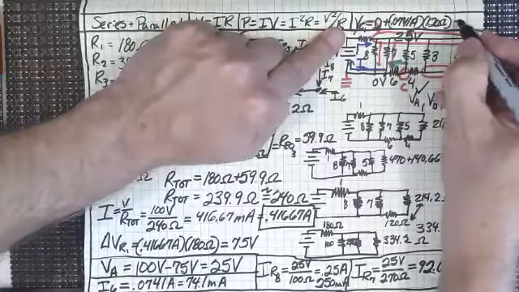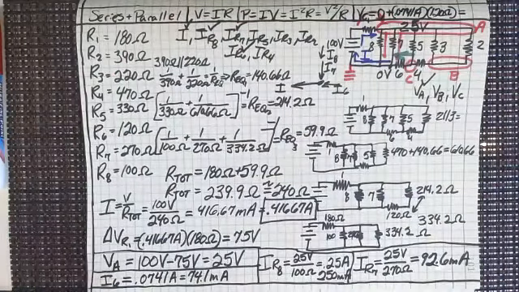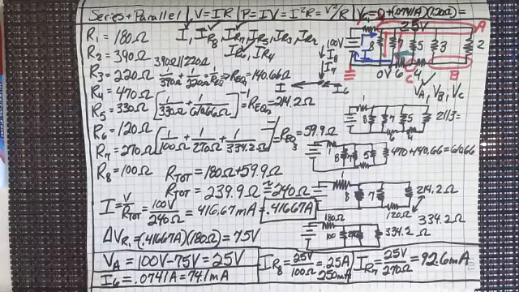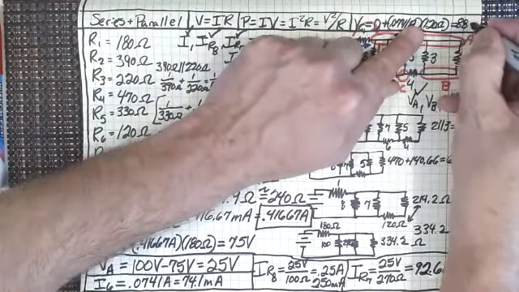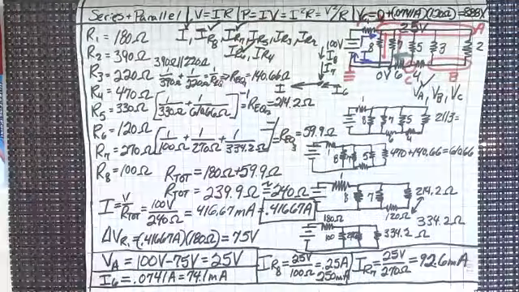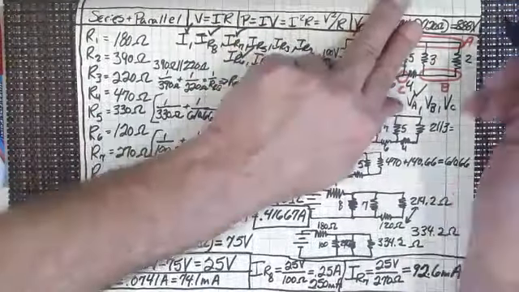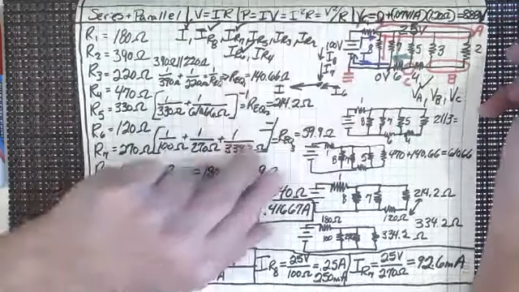And that tells us it's 8.88. That looks like an X. It's supposed to be a V, volts.